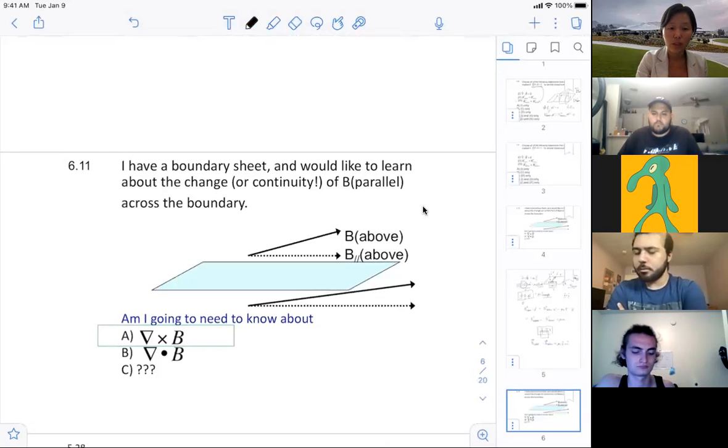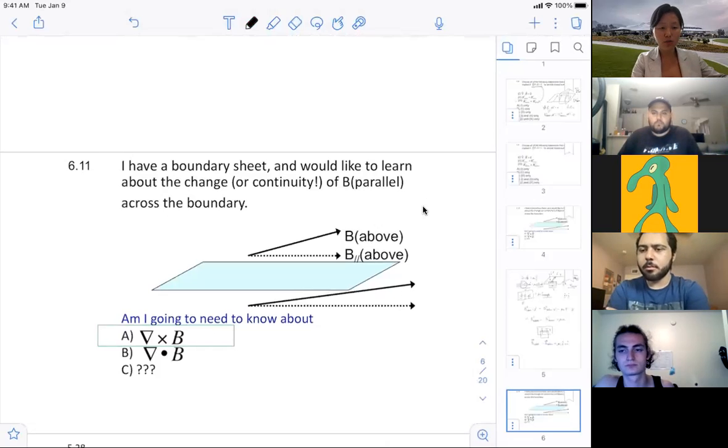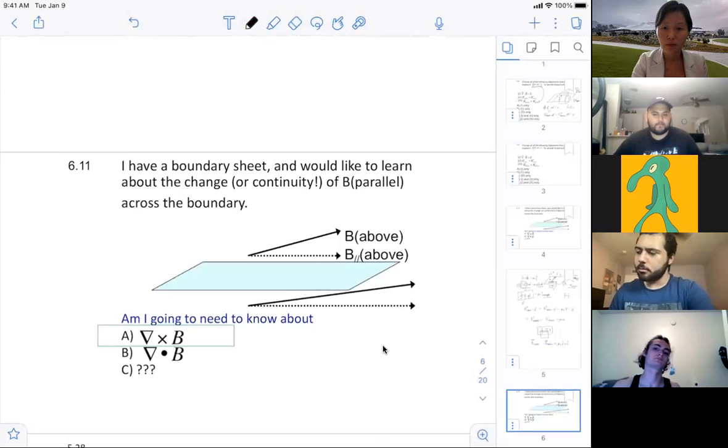We did the B, so we need to do the vector potential A. Before I move on to the vector potential A, are there any questions on these 2 boundary conditions so far? Any questions? Okay.